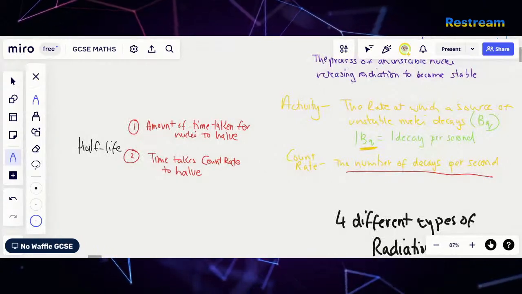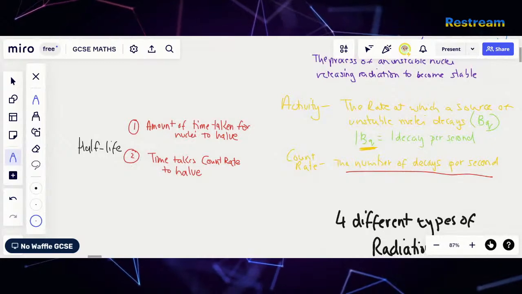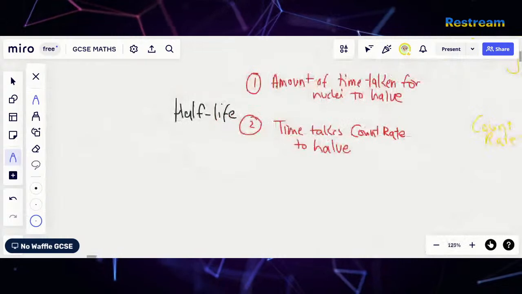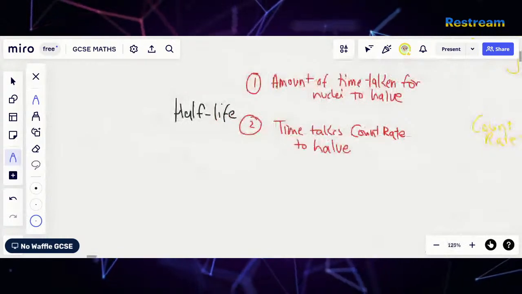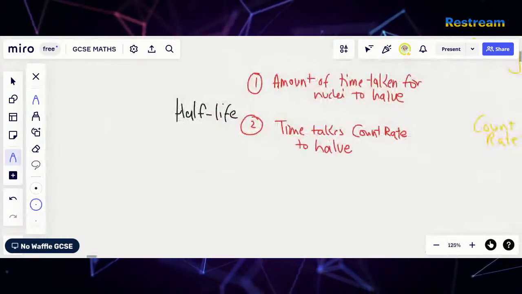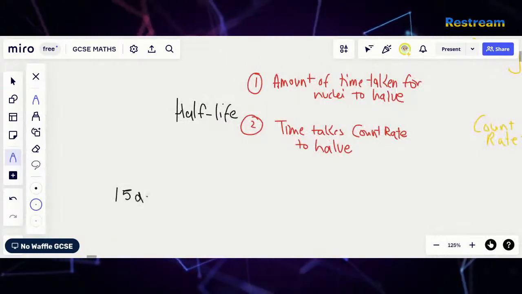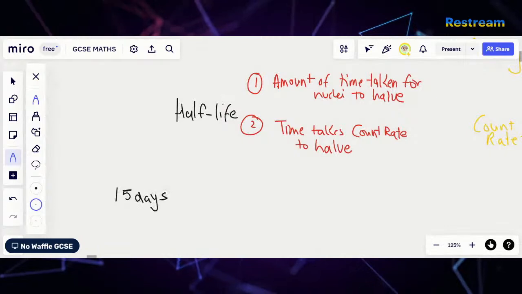So let's try and do a question here so that we know what we're talking about. The question will go something like this. A radioactive isotope has a half-life of 15 days and an initial count rate of 200 counts per second.